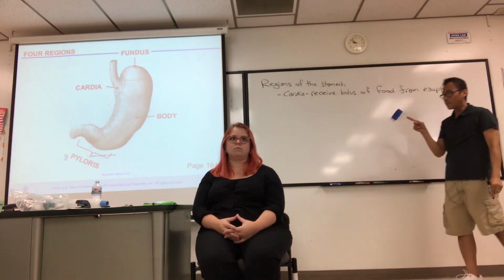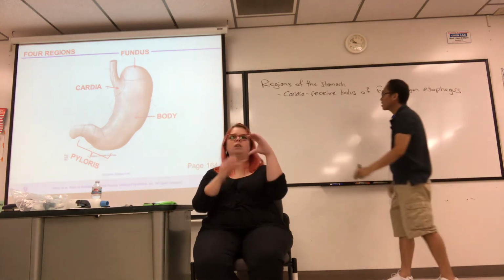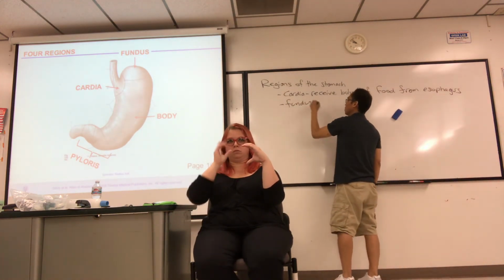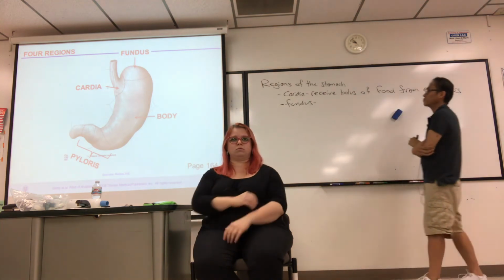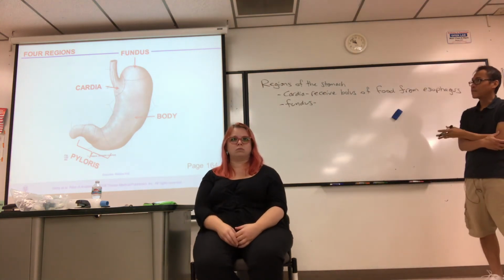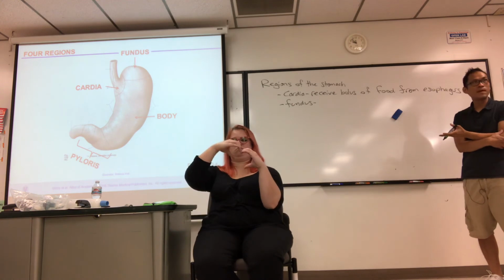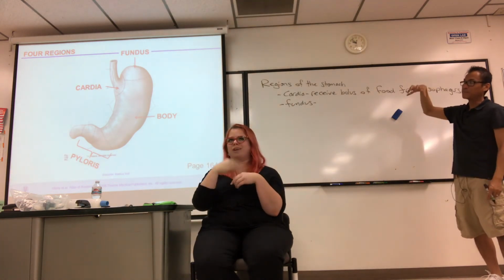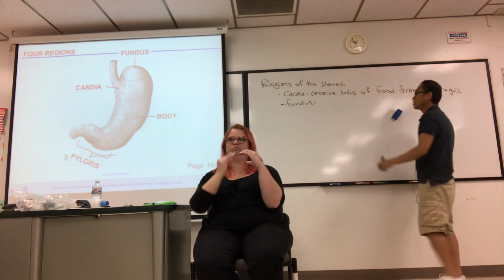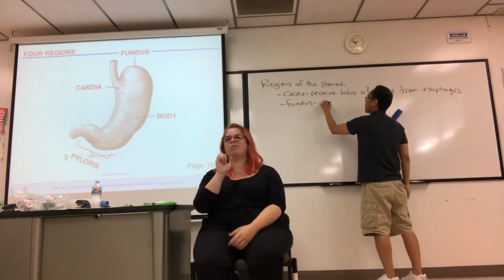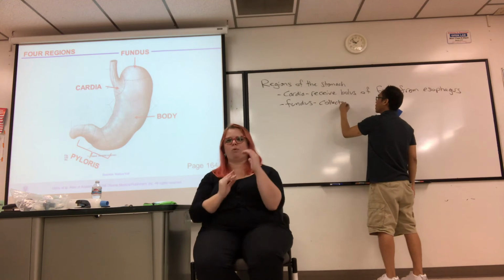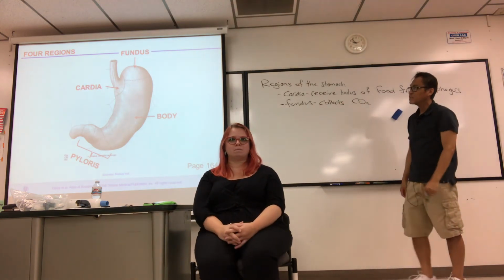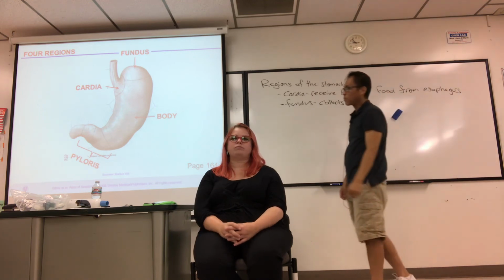The superior round part is called fundus. The fundus is kind of like when you drink carbonated beverage. All the carbonation kind of rises up to the fundus. I'll just say it collects CO2 from a fizzy beverage. It's the superior round part anatomically.